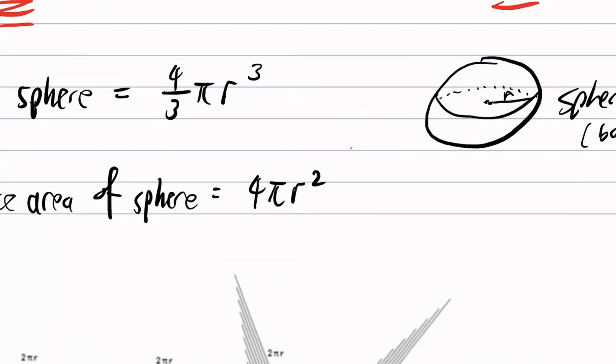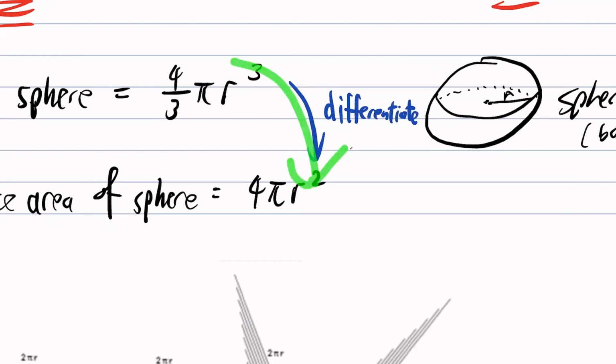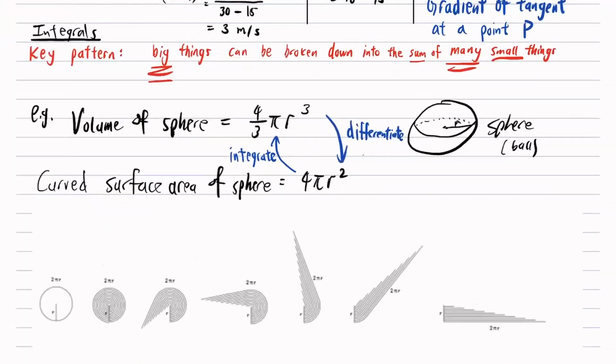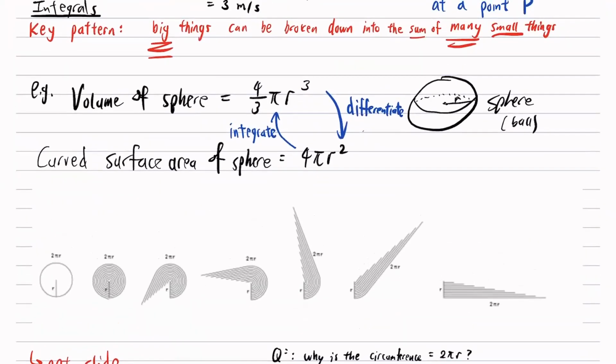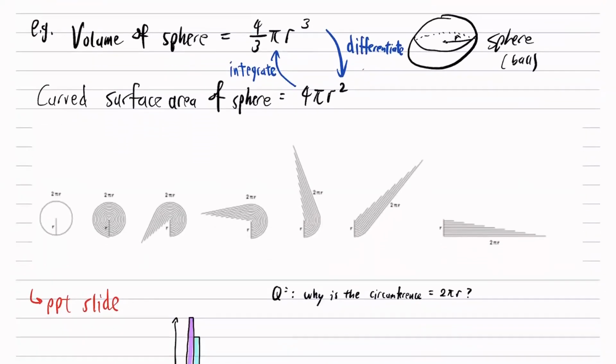The basic pattern here is that you can differentiate to go from the volume into the area, and then you can go backwards, integrate, to go from area back into volume. I know these words don't make sense now. I'll explain it later, but you need to get used to some of the vocabulary. I'll introduce it more precisely later.